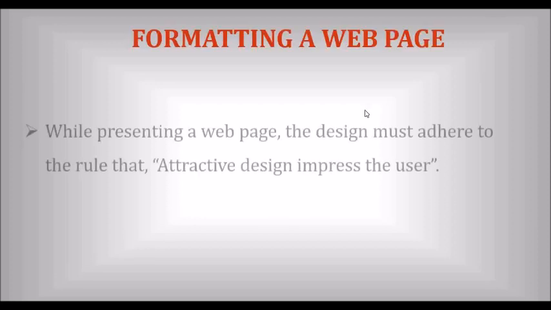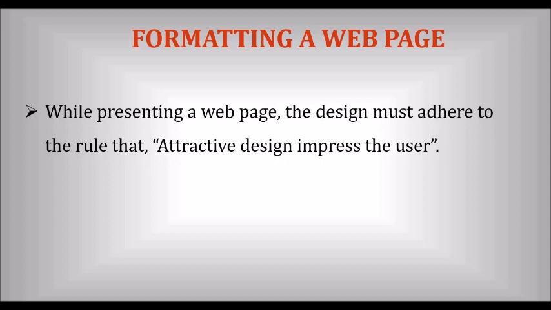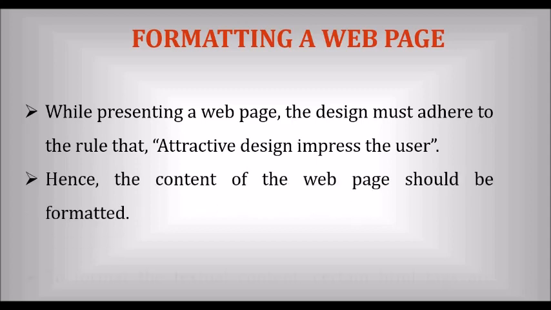So let's see some of the formatting tags that are available in your HTML, just like your Microsoft Office. In Microsoft Office, we will have the options for highlighting, that is making a text bold, making the text italic and underlining the text. These are the options which are available in Microsoft Office, will also be applicable in your HTML too.